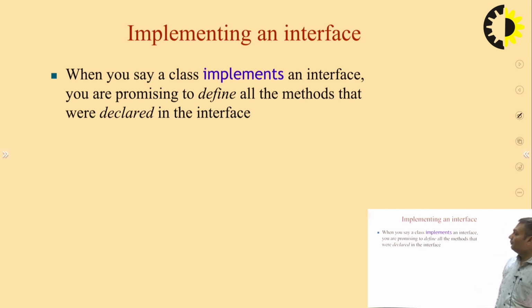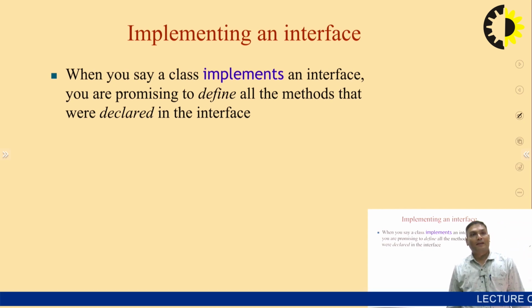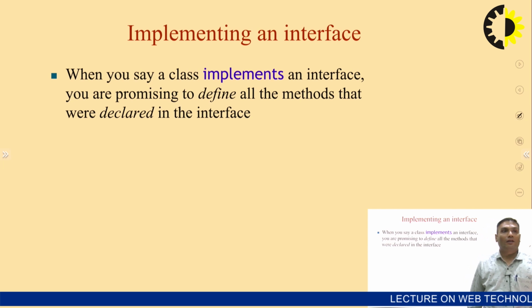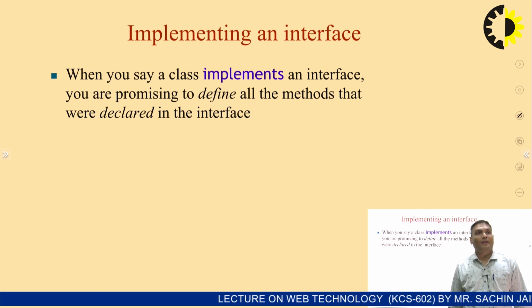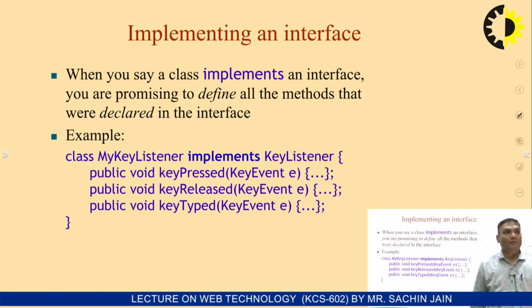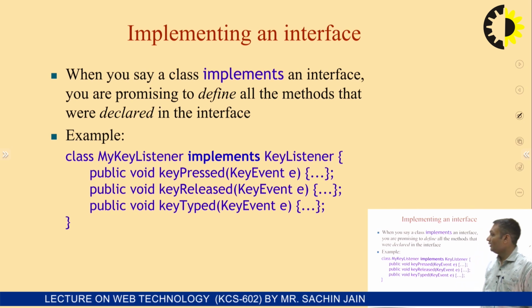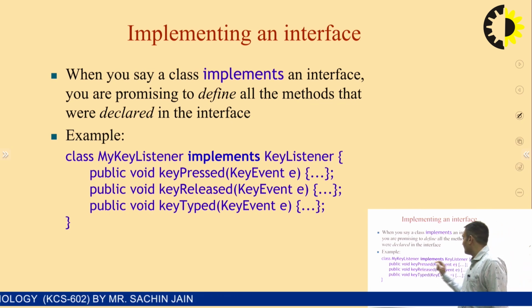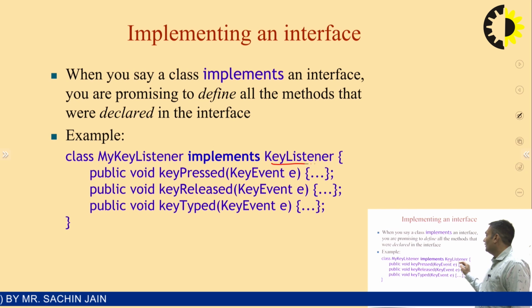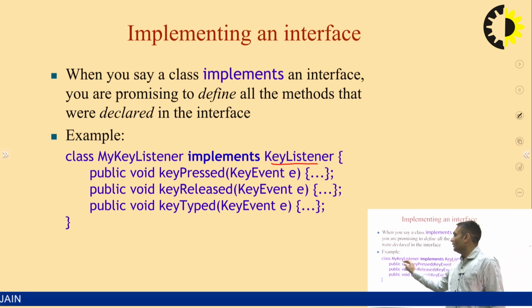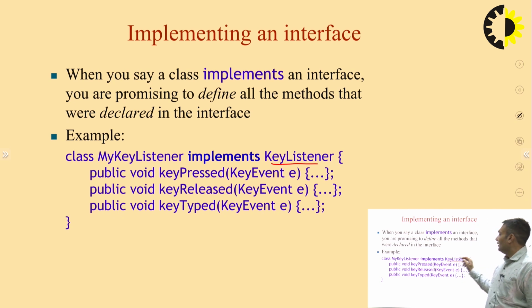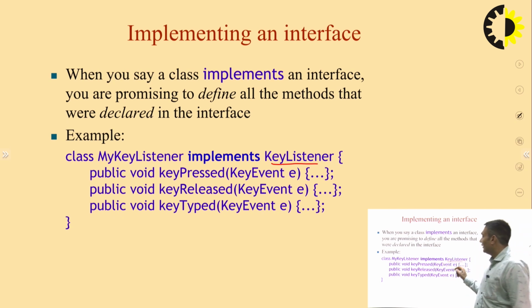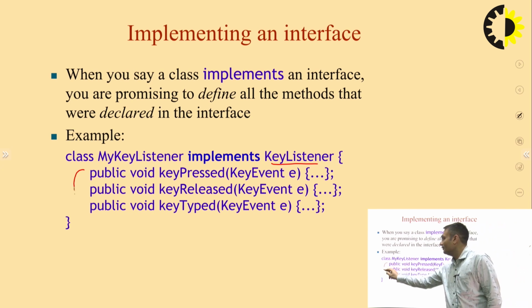So when you implement an interface in a class, you need to define all the methods that are declared inside the interface. For example, there was an interface named KeyListener. If MyKeyListener is a class that is implementing this KeyListener, then all the methods that are written inside the KeyListener interface will be defined inside this class.